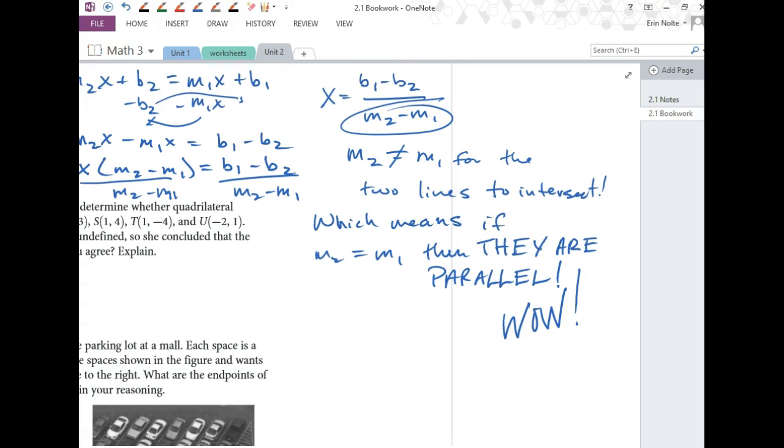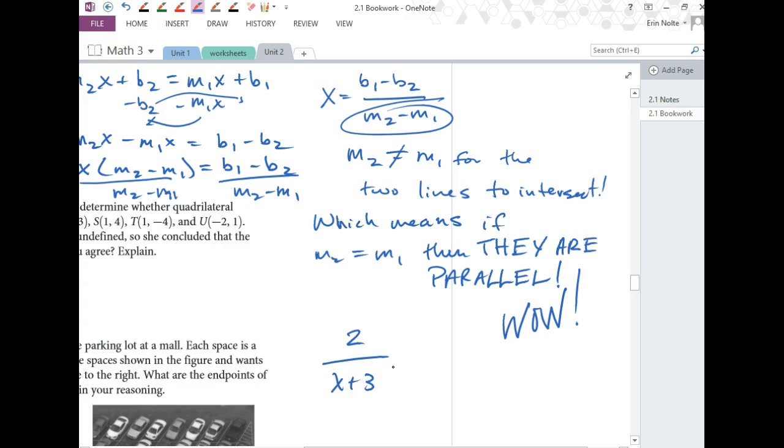Anytime you have variables in the denominator, you have what are called restrictions. If I had something like 2 over x plus 3, there's a restriction happening there. What is the value that x cannot be? -3. Because if you put in -3, you are dividing by 0. That's a restriction.